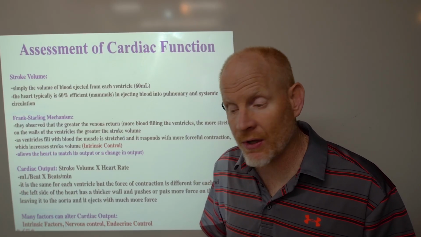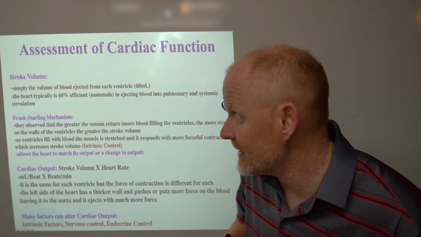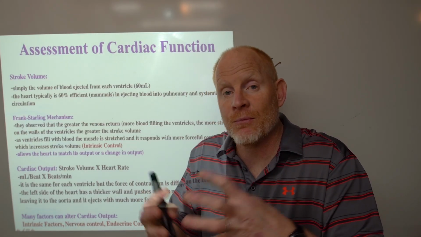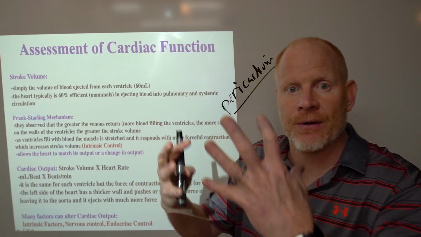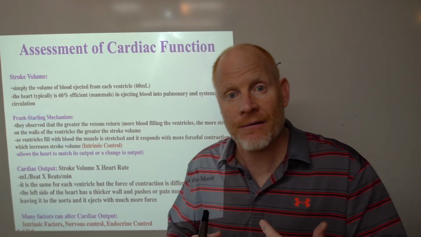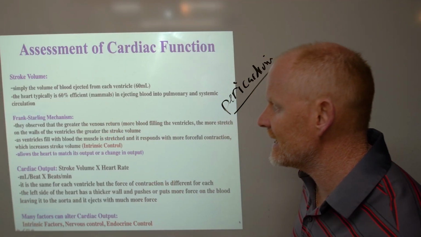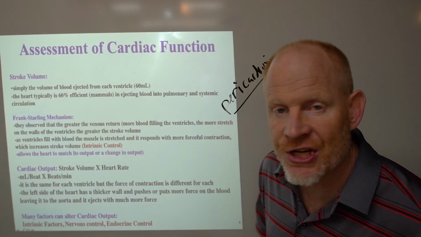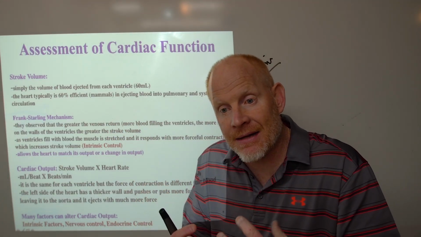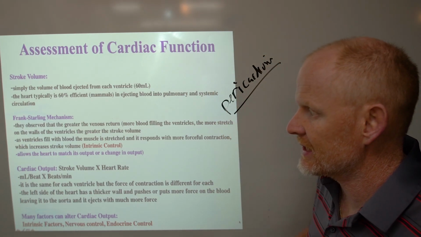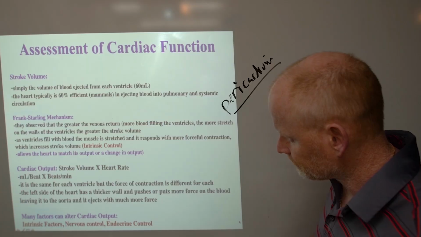The skeletal muscle in the legs forces blood back into the veins. More blood comes back to the ventricle. The ventricle starts stretching all of a sudden. More stretch, harder contraction. Stroke volume goes up to increase blood flow to those skeletal muscles. So it's a nice built-in intrinsic mechanism so that the heart can match input, the amount of blood coming in, with the output of blood leaving, because of stretch. And that's called the Frank-Starling mechanism.